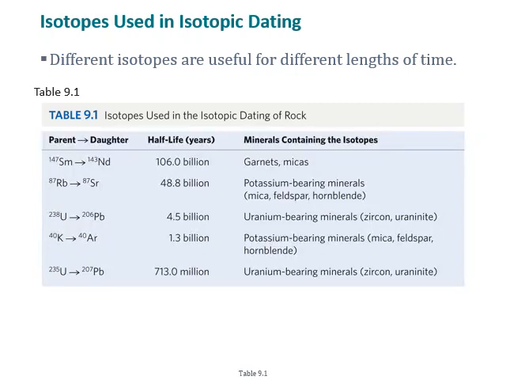Rubidium decays to strontium over the course of a 48.8 billion year half-life, and it is present in a lot of potassium minerals. Uranium decays to lead over 4.5 billion years and is present in zircons. Potassium decays to argon over the course of 1.3 billion years and is also present in potassium-bearing minerals. Uranium-235 decays to lead-207 over the course of 713 million years and also is present in uranium-bearing minerals.